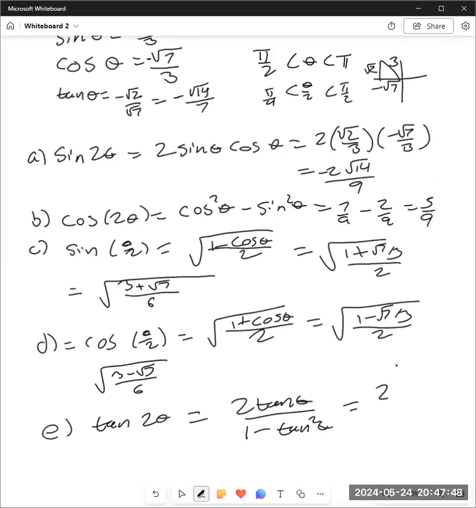Let's use this one. 2 times negative root 14 over 7 here, but when I square it, let's do this one. So minus, and when I square this, I get 2/7. So this is negative 2 root 14 over 7 divided by 5 over 7. And that's going to give me negative 2 root 14 over 5.